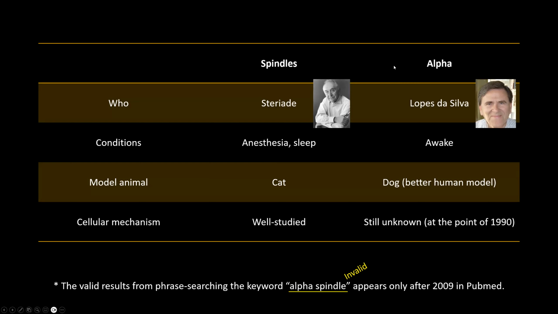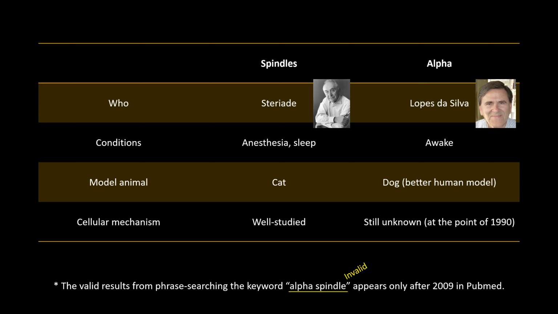On the other hand, the alpha, which is what we observed in the EEG studies, Lopez da Silva pushed these studies and recorded during the awake period, and mainly dogs were used. But the cellular mechanism of alpha generation is actually not very well known, at least at the point of 1990 when this paper was written.